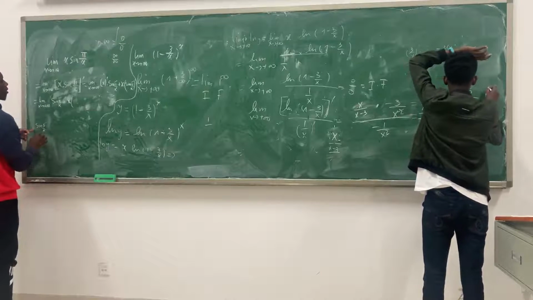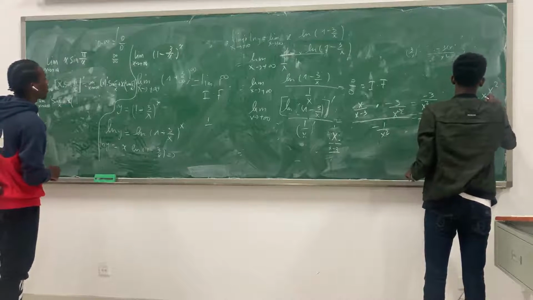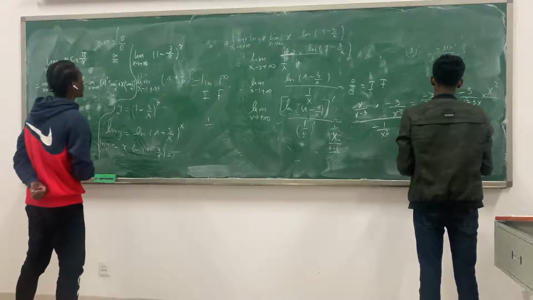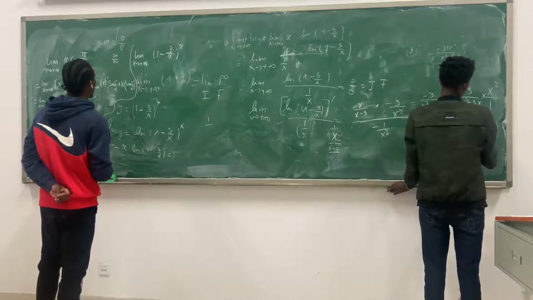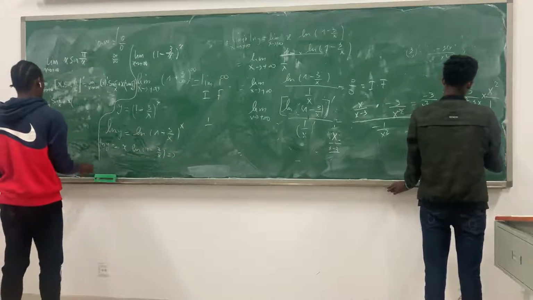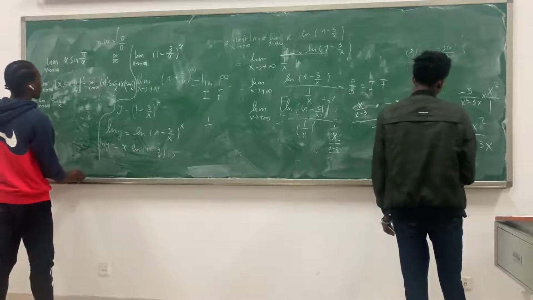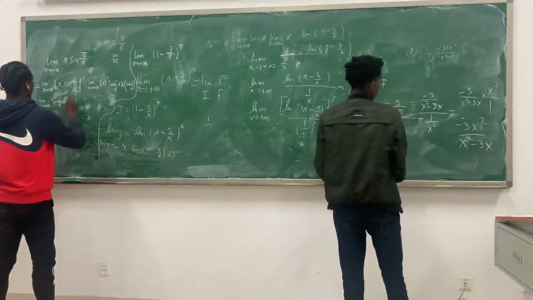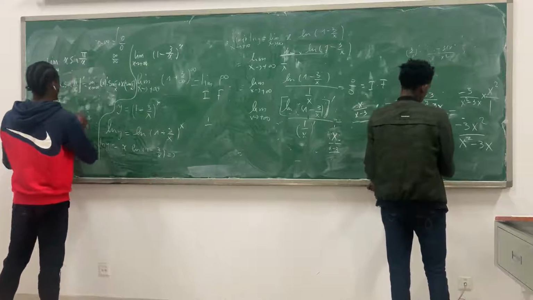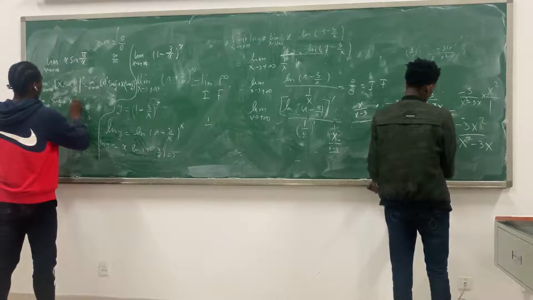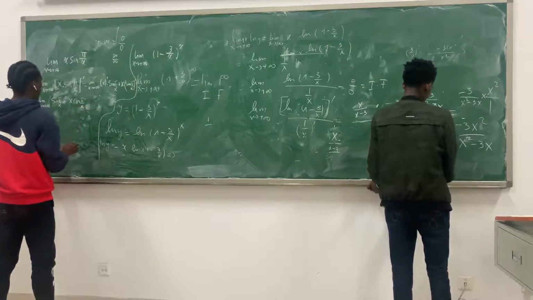So here, x times sin(pi by x). Here is x times sin(pi by x), where x is plus infinity, so infinity times 0.